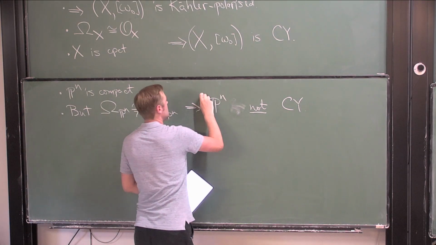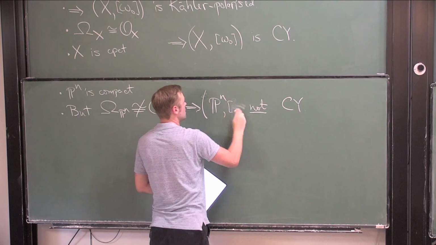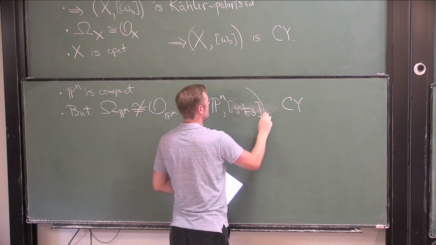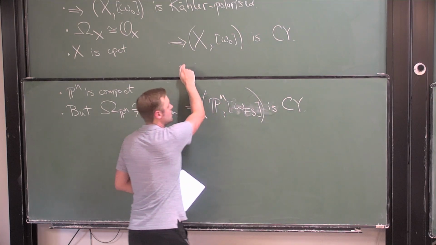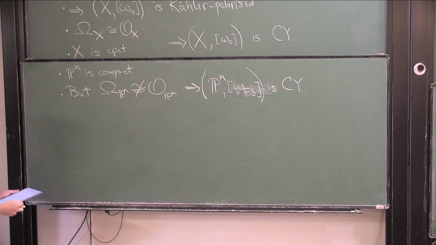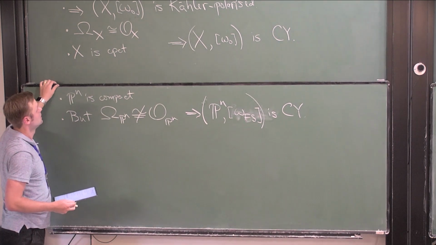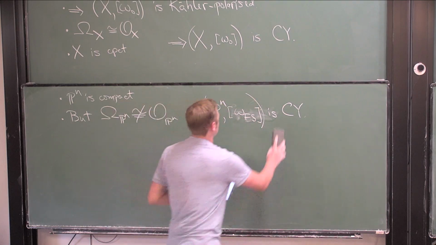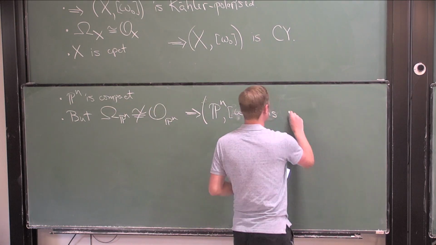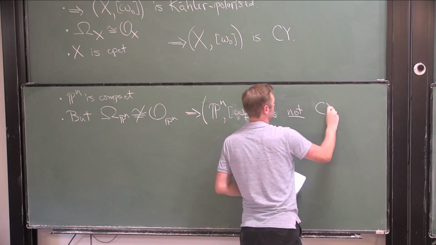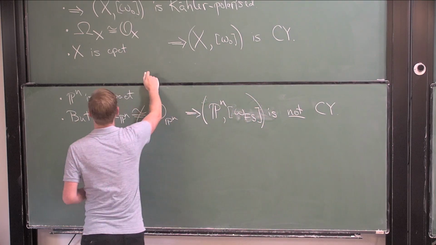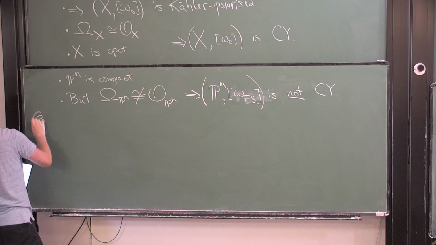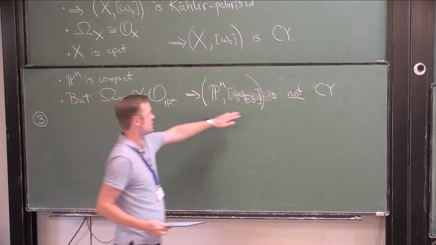Again, I should say P to the n together with the Kähler class of the Fubini-Study is not Calabi-Yau.